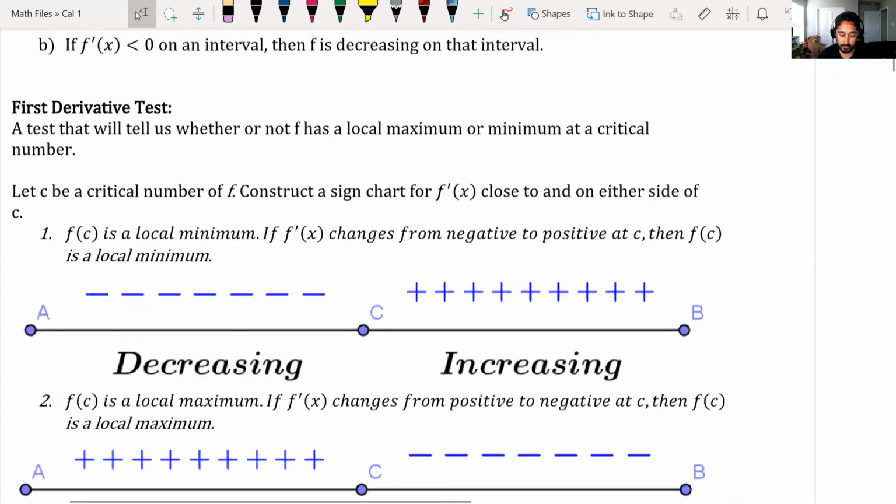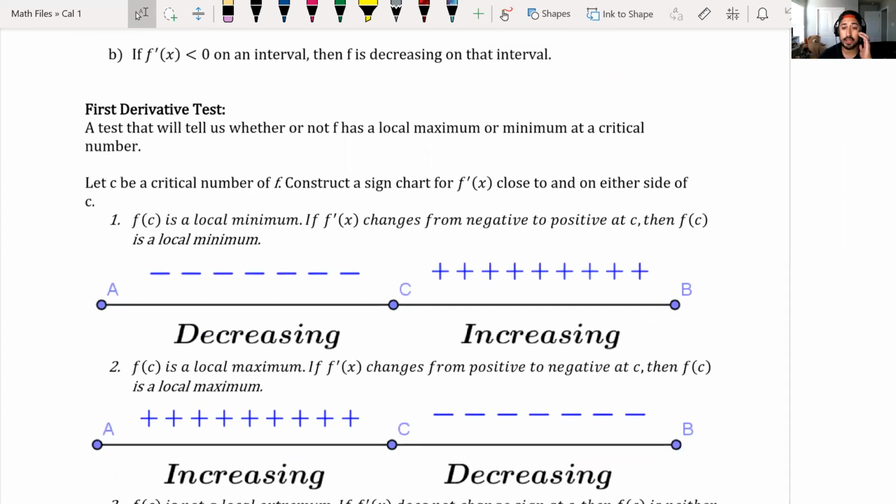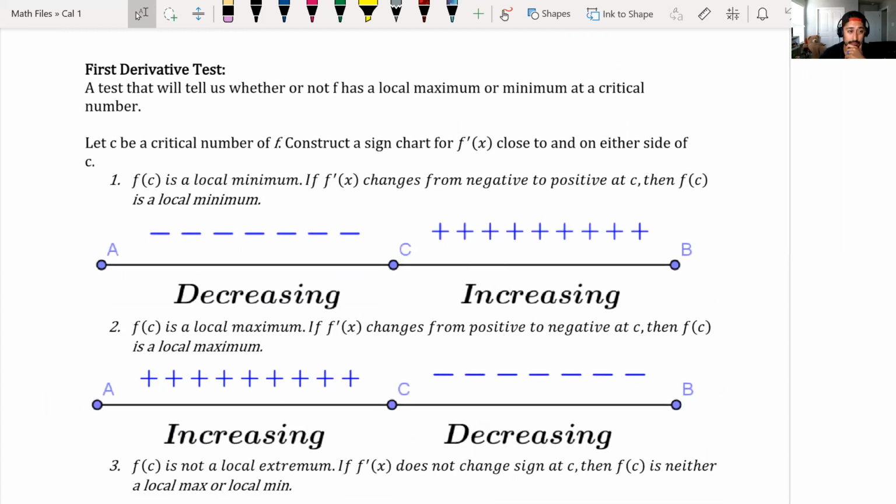Based on our critical numbers and our sign chart, it is possible to find maximums and minimums. For the very first example, it says let c be a critical number of f. Then we'll construct a sign chart for the first derivative close to and on either side of our critical number.